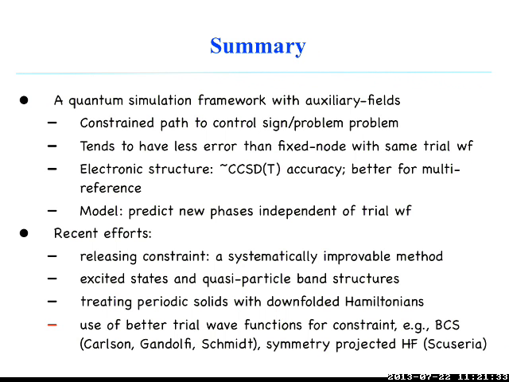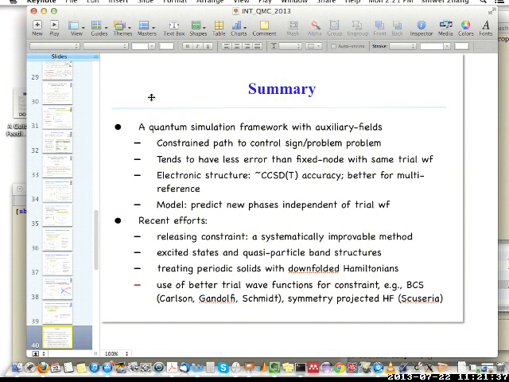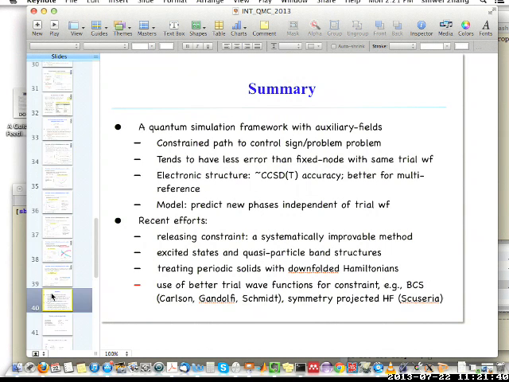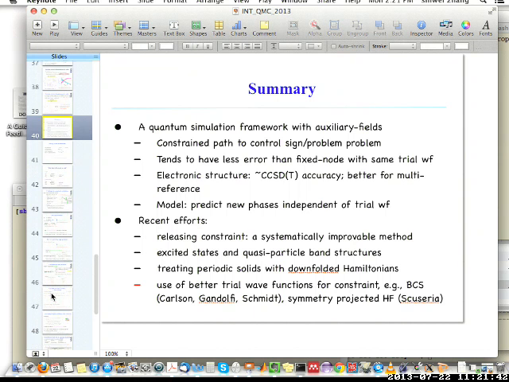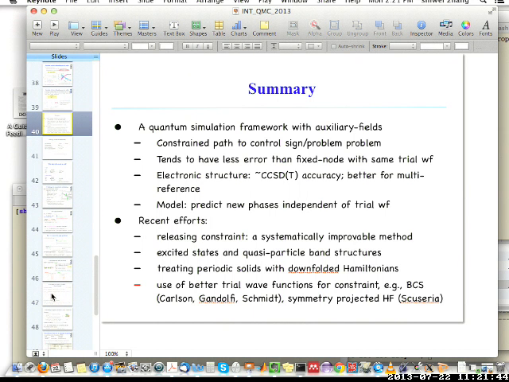This doesn't have a sign problem. So according to QMC, when you turn on U, Assad, Scalapino, and others have done this at finite temperature. Basically, you start from very small U and then do finite size scaling.